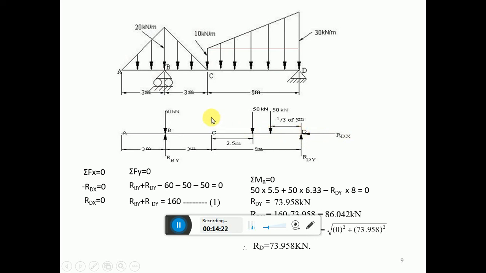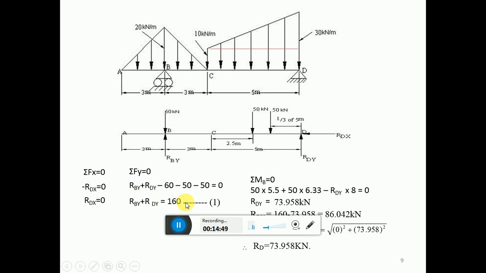Any other force acting in the horizontal direction? No. So it is equal to 0. Therefore R dx is equal to 0. Summation F of y is equal to 0. R by plus R dy minus 60 minus 50 minus 50, which is equal to 0. Therefore R by plus R dy is equal to 160.